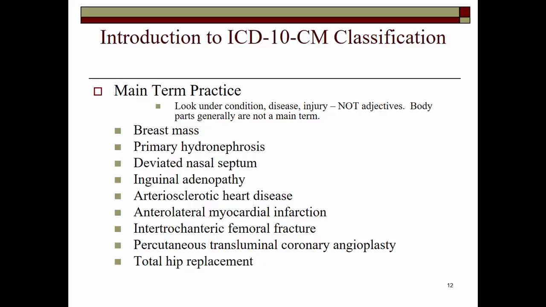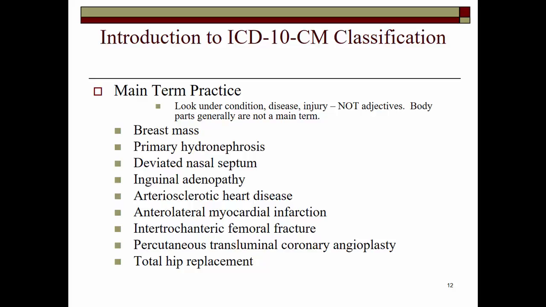If we look at the next example, deviated nasal septum. So what's our main term here? What's the main problem? And I'm going to tell you now, almost always a main term is not a body part. So in the example breast mass, breast would not be the main term.